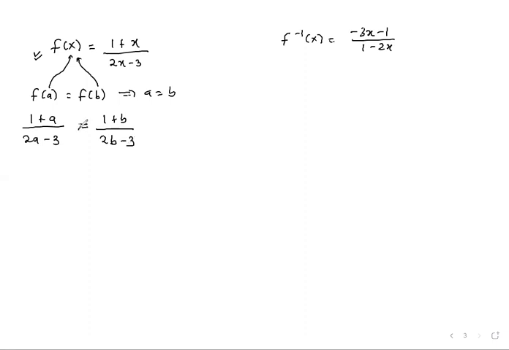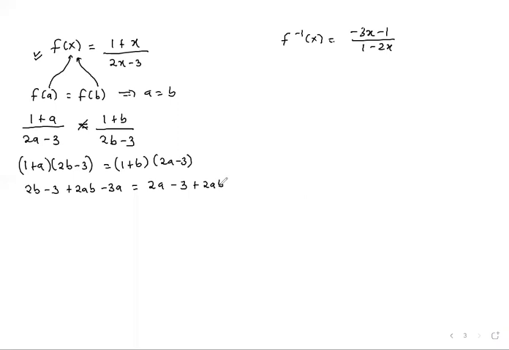We get (1 + a)(2b - 3) is equal to (1 + b)(2a - 3). Then expand. So we get 2b minus 3 plus 2ab minus 3a is equal to 2a minus 3 plus 2ab minus 3b. Then you cancel the like terms if there are any.